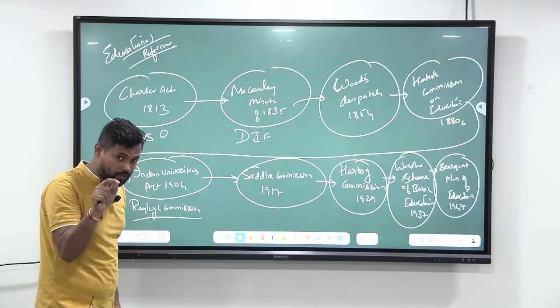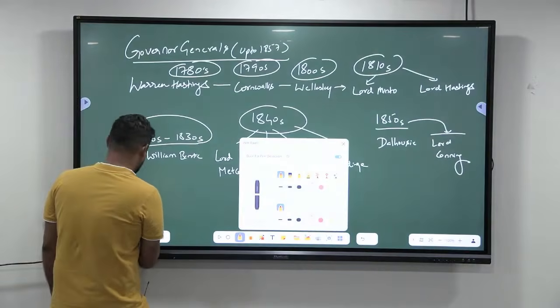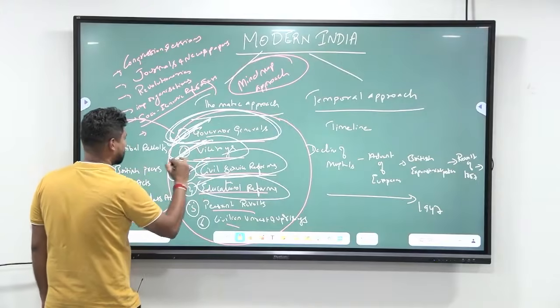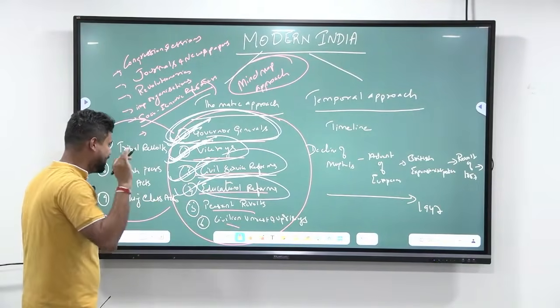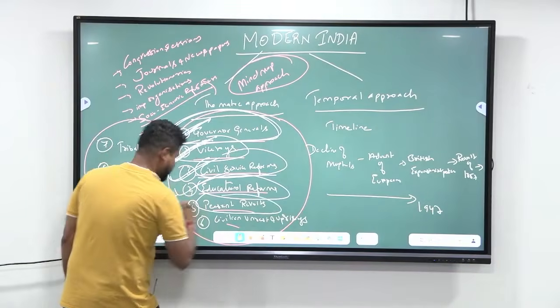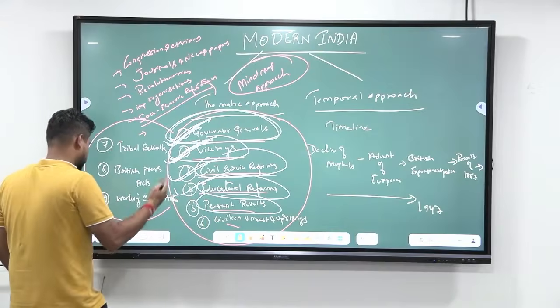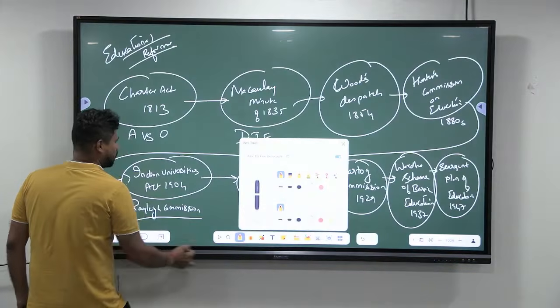Stay with me. So, we have done the mind map of these following thematics. What are the thematics that we have done? Governor Generals, Viceroys, civil service reforms, educational reforms. The next we are going into is Peasant Revolts. We are again going to do the mind map of Peasant Revolts. So, let us go ahead and continue and complete the Peasant Revolts.